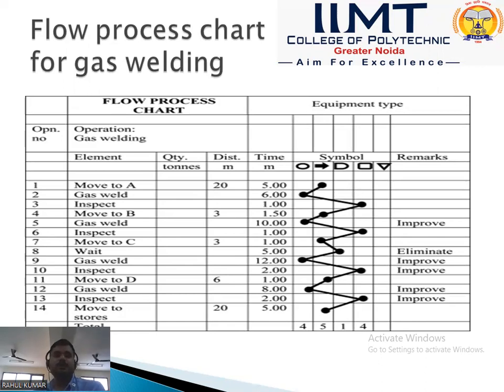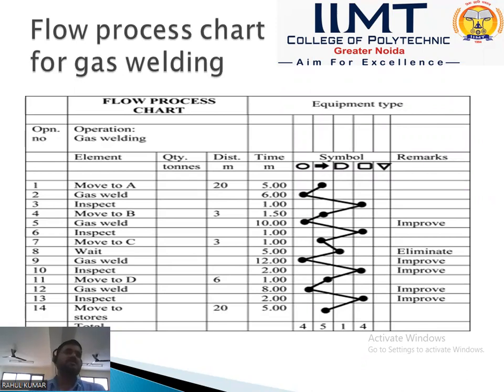And today we discussed work study. Work study is divided into two parts: method study and work measurement. Then we started the method study. In method study we studied the steps involved, and the 5 basic symbols used.